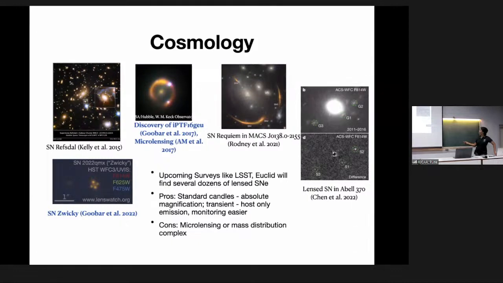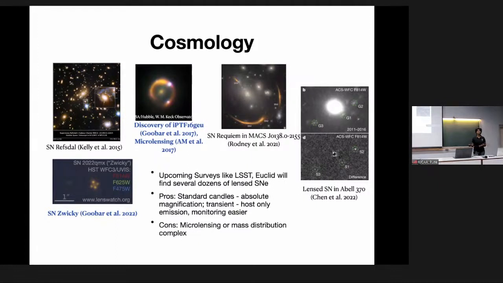And I think one or two of them are type Ia. The interesting thing about type Ia supernovae is that we know the intrinsic luminosity. Because we know the intrinsic luminosity, we can determine the absolute magnification. This is not possible for other lens sources where the true source flux is not known.